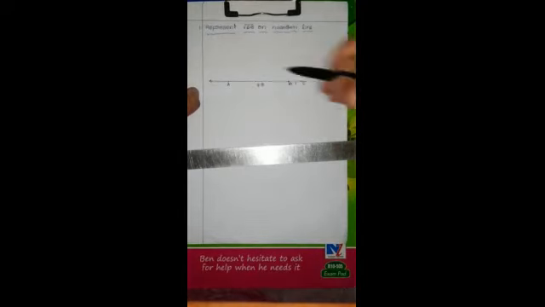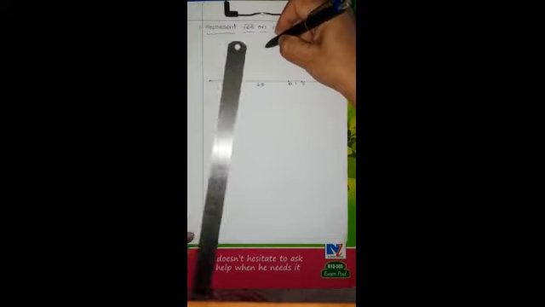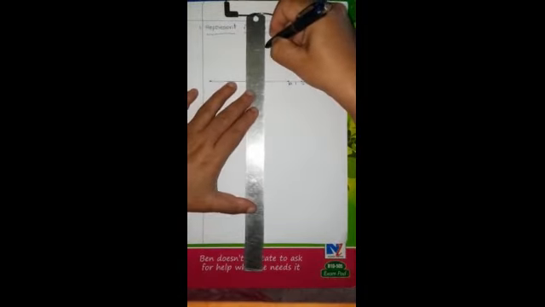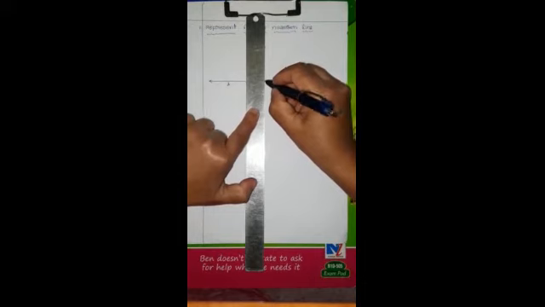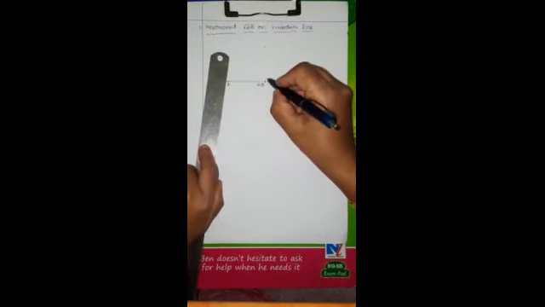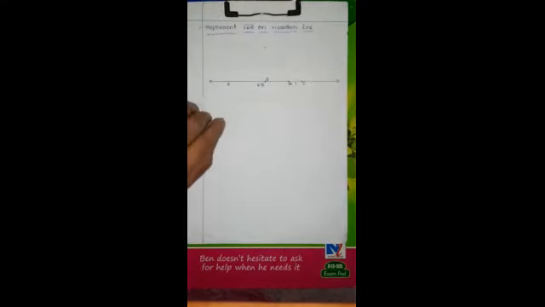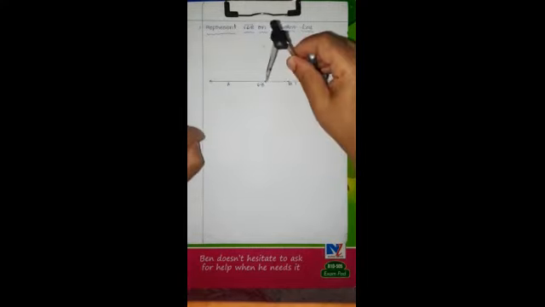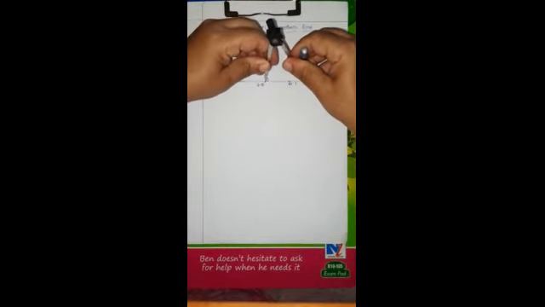Now, join these 2 points. These 2 points pass through this point. Take this as O. Now, with O as the center, see, now AC is divided into equal two parts.